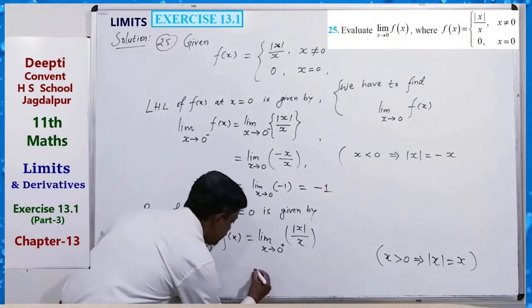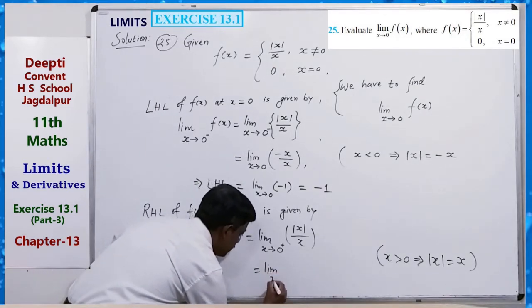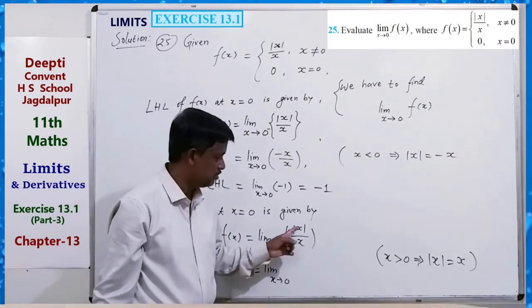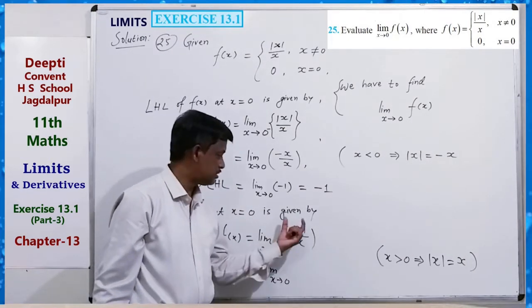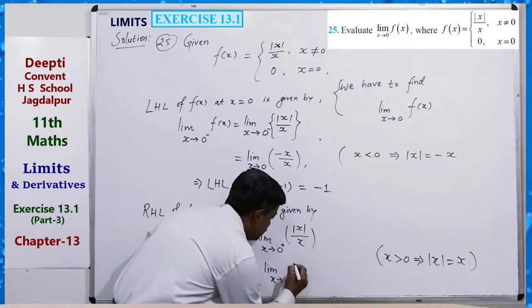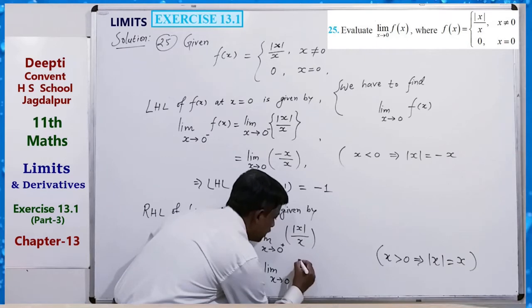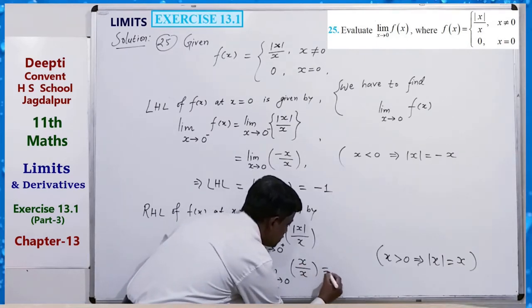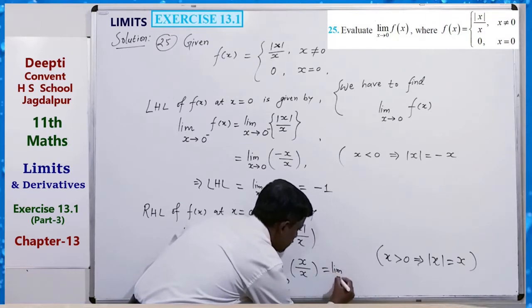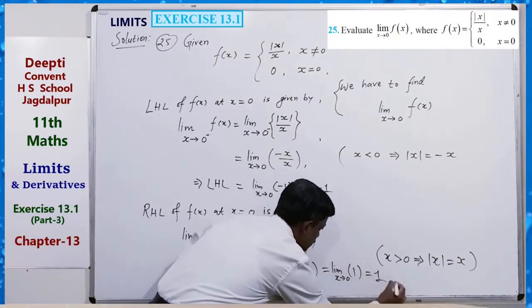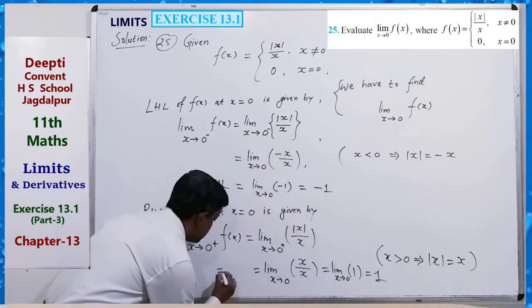So we can write the limit, because for solving we have to first break the modulus value. So the limit as x tends to 0 plus of x upon x is equal to the limit as x tends to 0 of 1, equals 1. So this is the right hand limit.